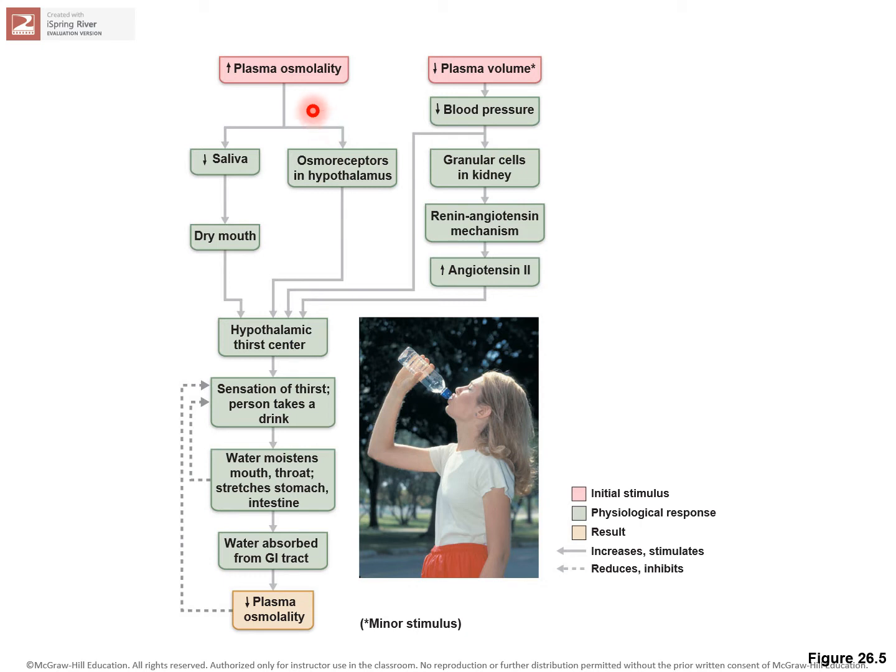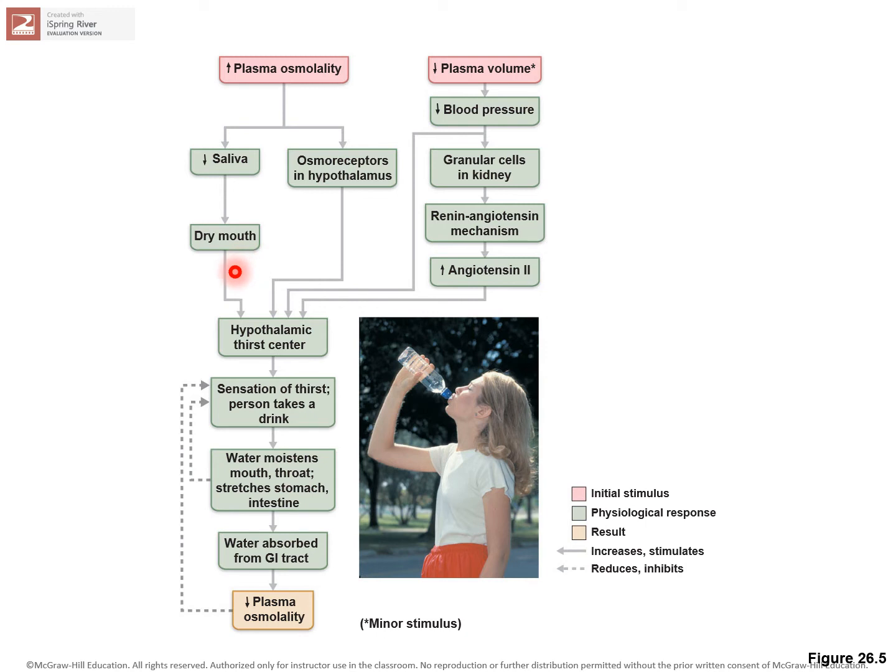So when we have increased osmolarity, meaning we have a really high concentration of solutes in the blood, we don't secrete enough saliva, which leads to dry mouth. This happens because blood pulls water from the salivary glands due to the higher concentration of solutes. So we do not have enough liquids in the salivary glands, which leads to a dry mouth.